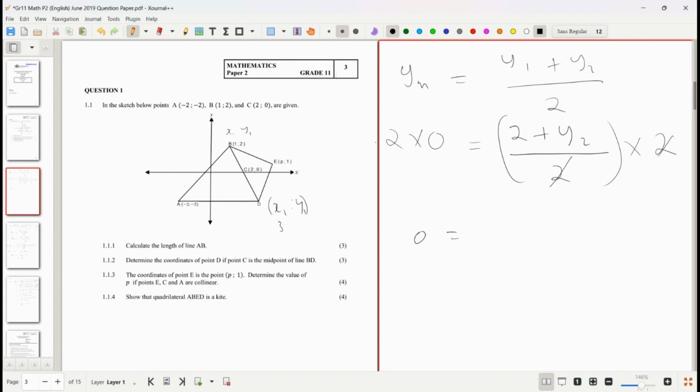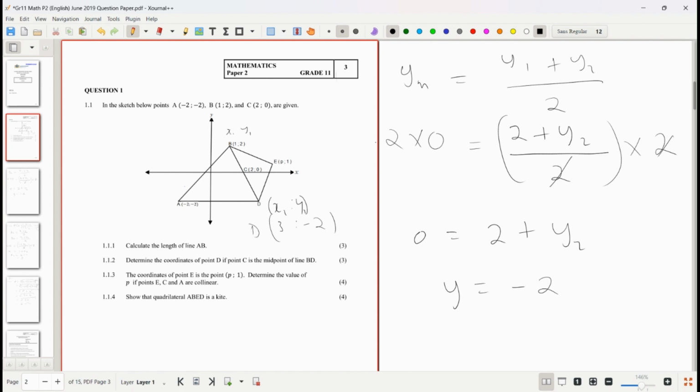We are left with 2 plus y2. What is our y2? Our y2 will equal negative 2. So y2 here will equal negative 2. So we have found our coordinates for D. These are the D coordinates, right?